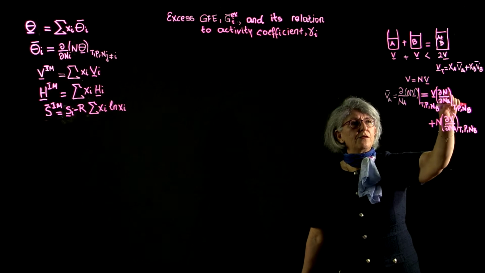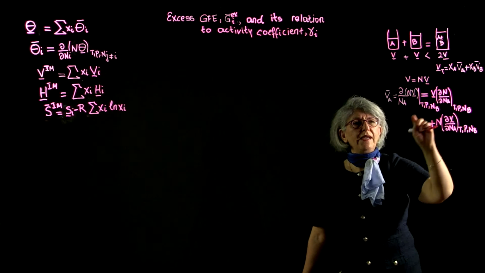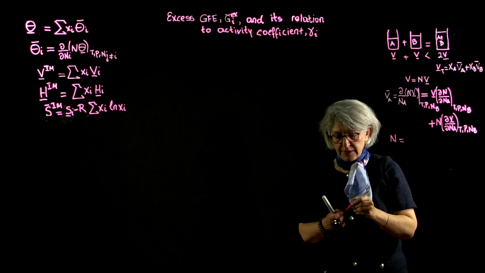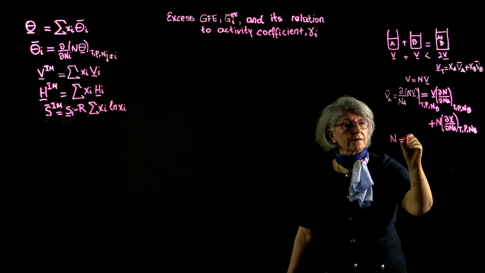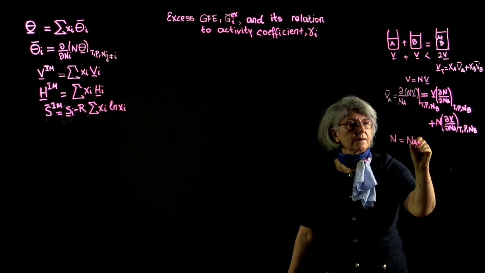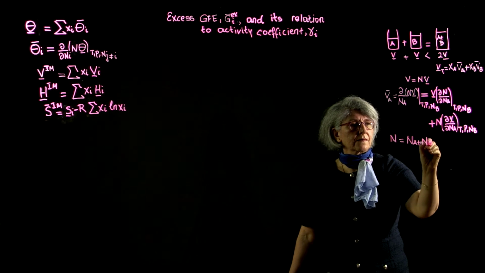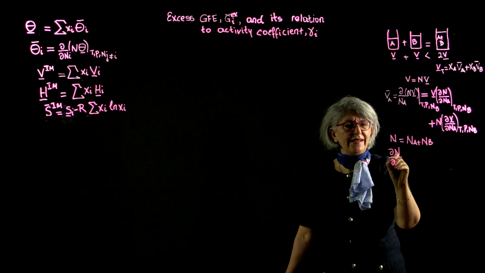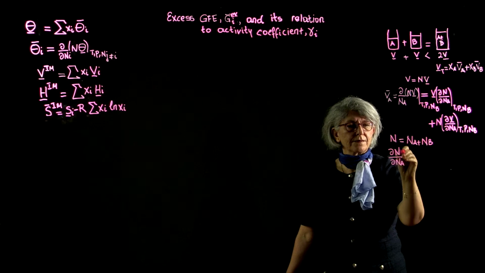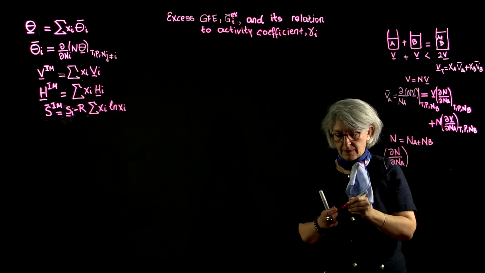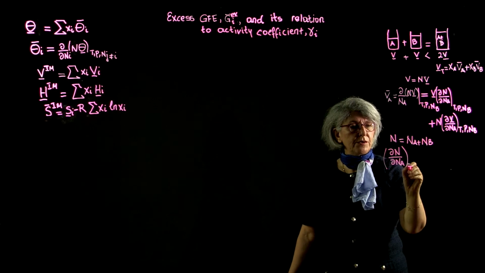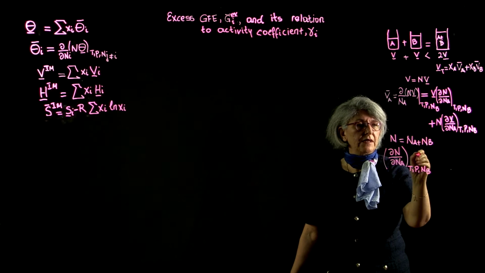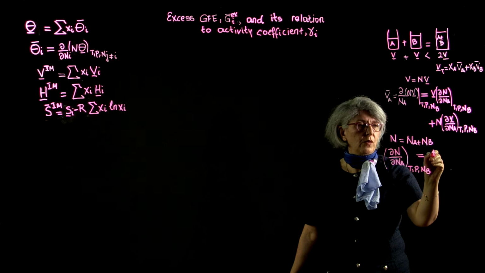Let's take the derivative of N with respect to NA. N is equal to NA plus NB, and therefore del N over del NA, keeping temperature, pressure, and NB constant, is going to be 1.